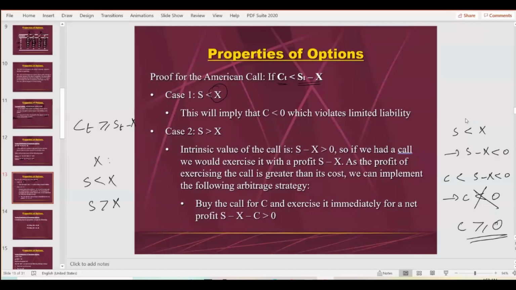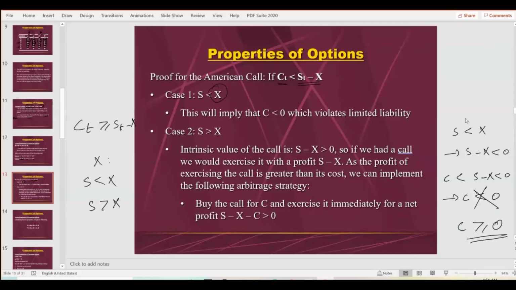Now, the second case, if the call option is in the money and S is greater than X. In this case, the intrinsic value of the call is S minus X, greater than 0. So if we had a call, we would exercise it with a profit of S minus X. As the profit of exercising the call is greater than its cost, we can implement the following arbitrage strategy.